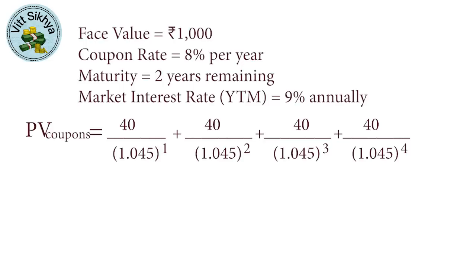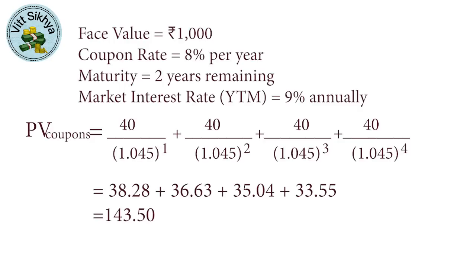Step 1 is to calculate the present value of coupons. We discount each coupon using PVIF. So PV of coupons is equal to 40 divided by 1.045 raised to the power 1, plus 40 divided by 1.045 raised to the power 2, plus 40 divided by 1.045 raised to the power 3, plus 40 divided by 1.045 raised to the power 4.